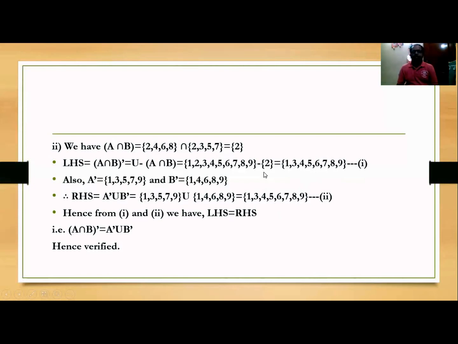Hence we can say that these two sets are equal, or you can say A intersection B complement equals A dash union B dash, the same we needed to prove. Hence we can say that the second De Morgan's law is also verified by using the given sets. So this is the end of the first example, the verification of De Morgan's laws for the given sets A and B.